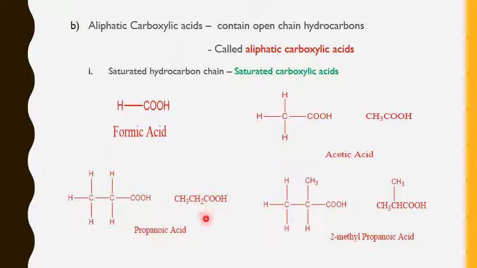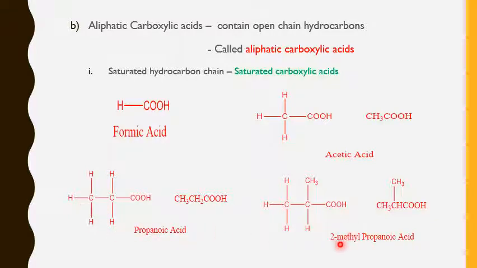If you go for the extension of the skeletal structure of this propanoic acid, you can see C is bonded to 3 hydrogens, and again it is bonded to a CH2 group, and this one is bonded to our main functional group of carboxylic acid. So here in the skeletal structure we can clearly see that all the bonds are only sigma bonds in this hydrocarbon part. Therefore it is also an example of a saturated carboxylic acid.